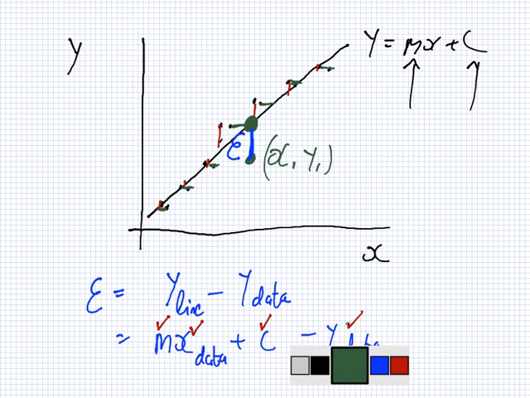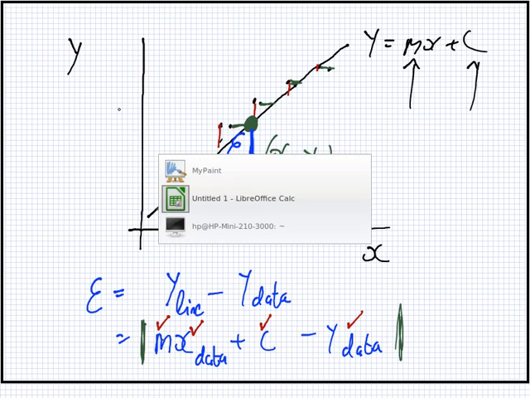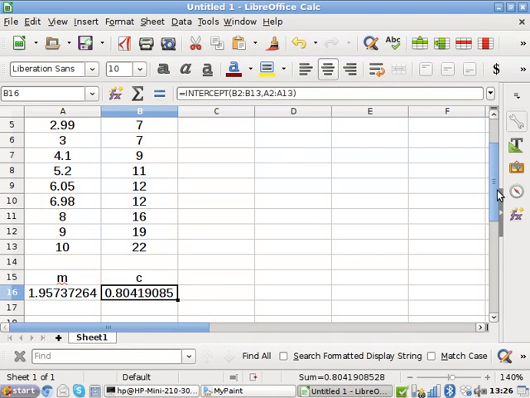The only thing is, I don't care if it's plus or minus, so I'll put an absolute value here. So the formula is |mx + c - y|. That gives me the error here. Is that okay or is that confusing? It's okay? Yes?